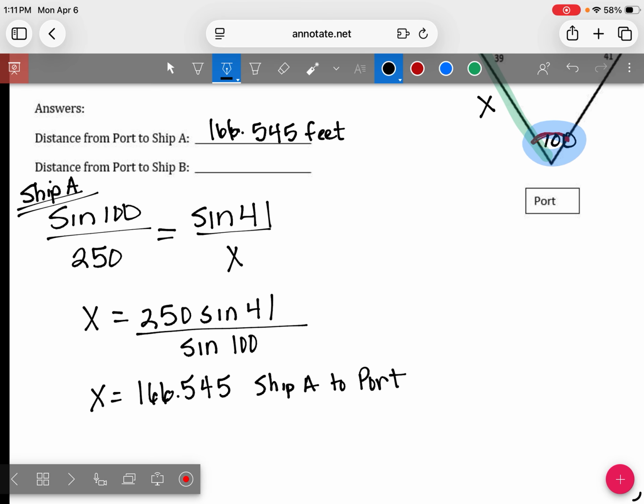We usually call the unit of measure for land knots, but we'll keep that. All right, who got that for the distance from ship A to the port?